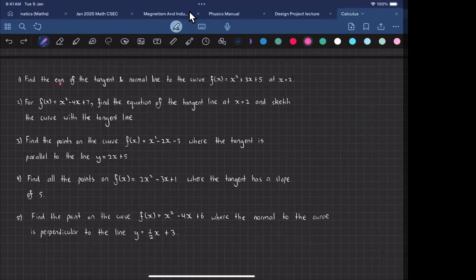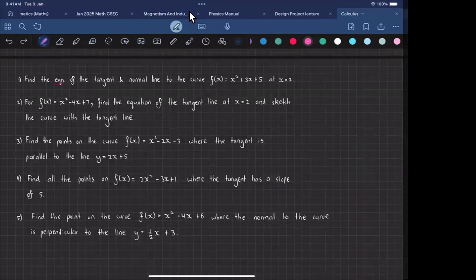Alright, so Mt is equal to 7, Mn is equal to 1 over 7, equation of tangent, y is equal to mx plus c.